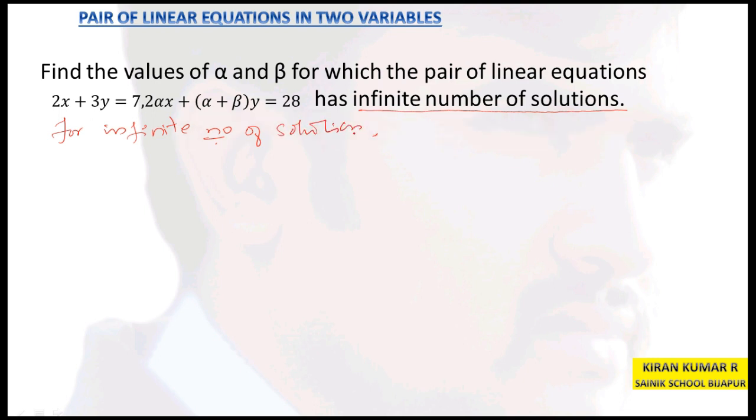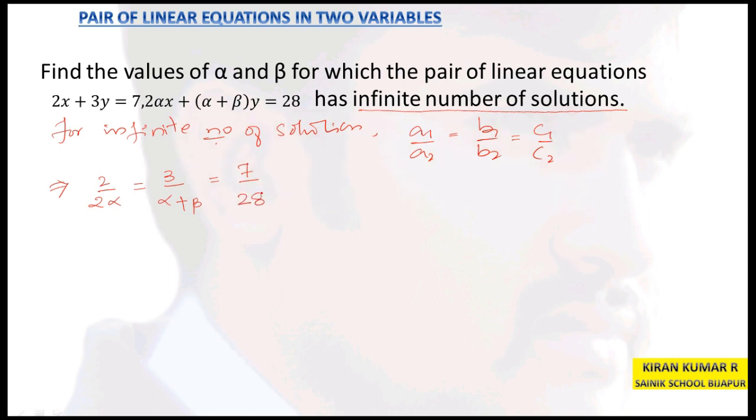we have the algebraic condition a1 upon a2 equal to b1 upon b2 is equal to c1 upon c2. Therefore, when I replace these with the actual coefficients and the constants, we get 2 upon 2 alpha equal to 3 upon alpha plus beta, which is equal to 7 upon 28.